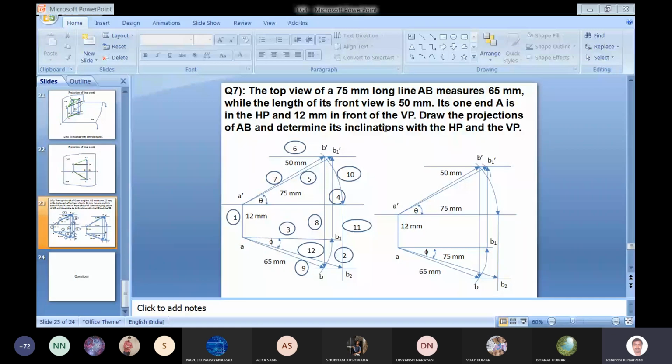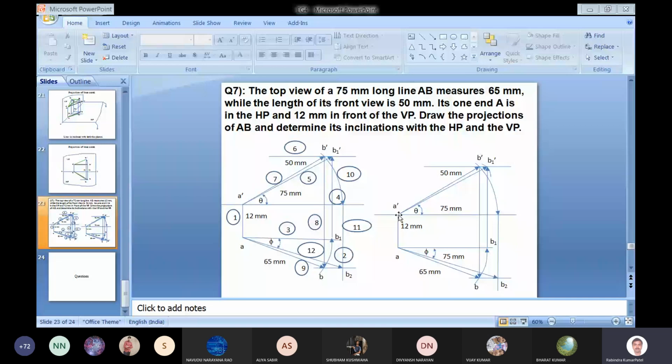For getting the inclinations of the line, we need the true length of the line, so that we can get the actual inclination by measuring it. So first of all, as it is told that point A is lying in the horizontal plane, and it is 12 millimeters in front of the vertical plane.